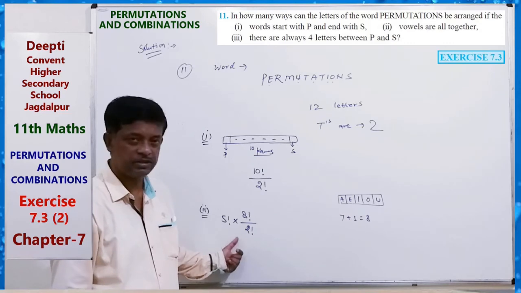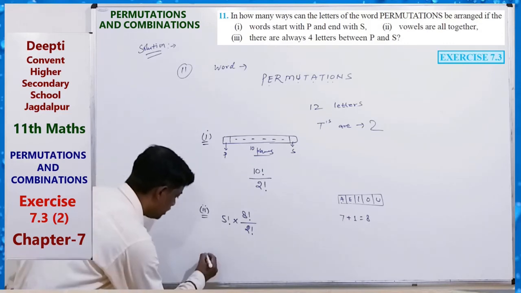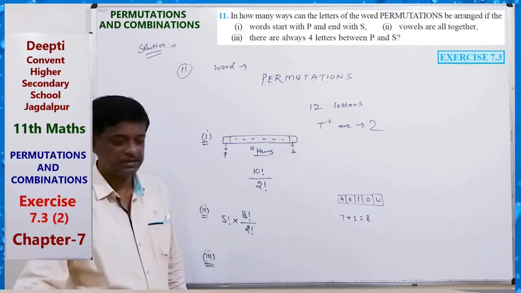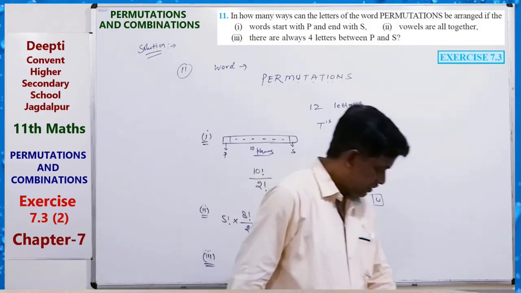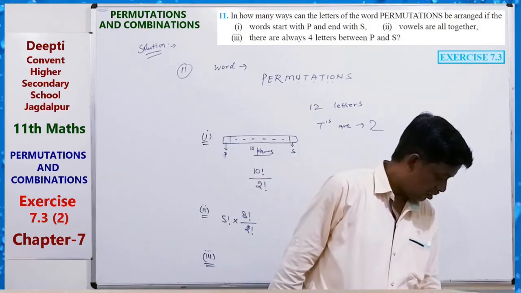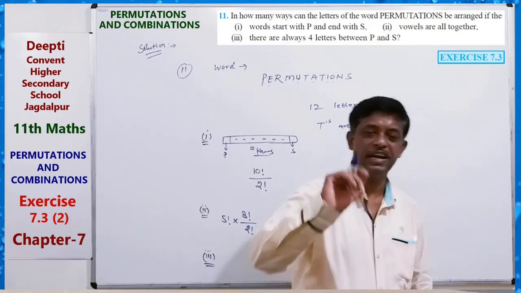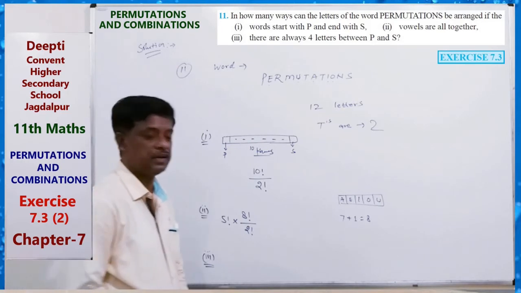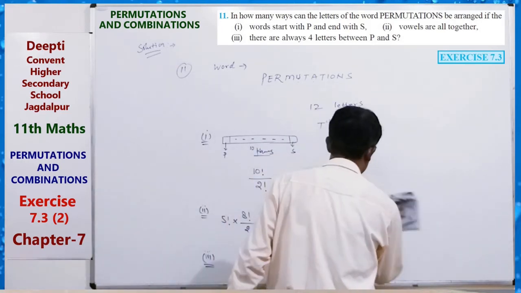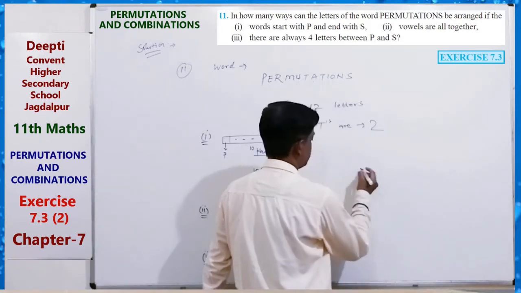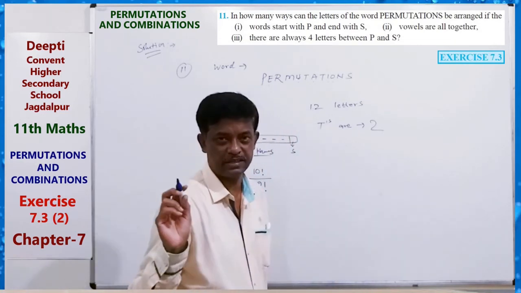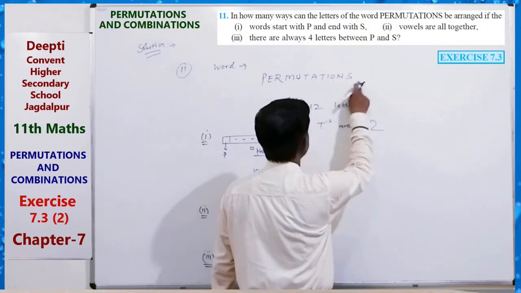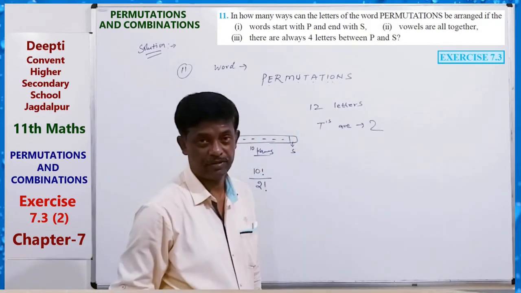That is the answer with vowels together. Okay, third answer. The third condition is that there are always 4 letters between P and S. So how many letters are there? 12.